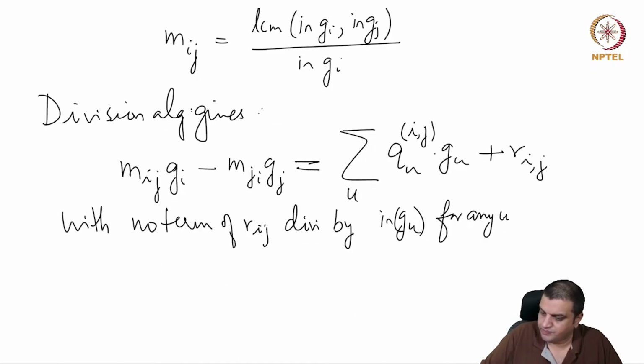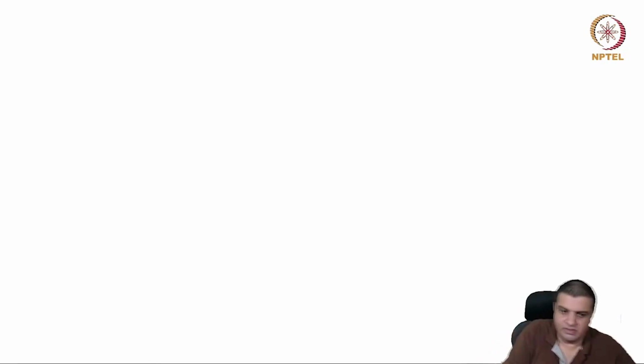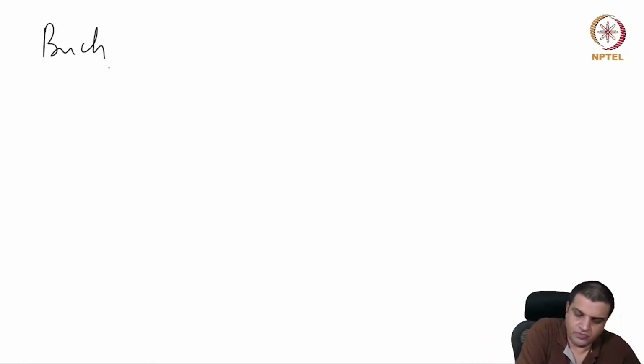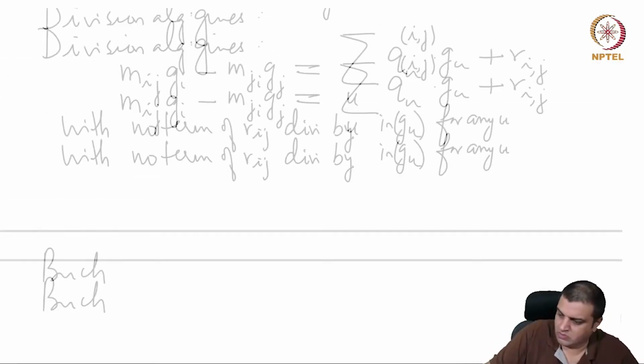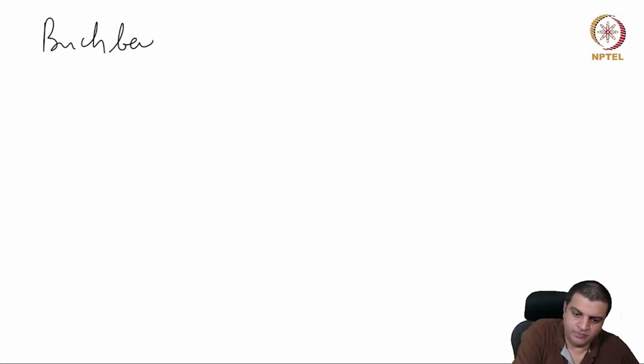This is just the same thing that we did for ideals. So we can write it like this, and then the Buchberger criterion, the theorem.